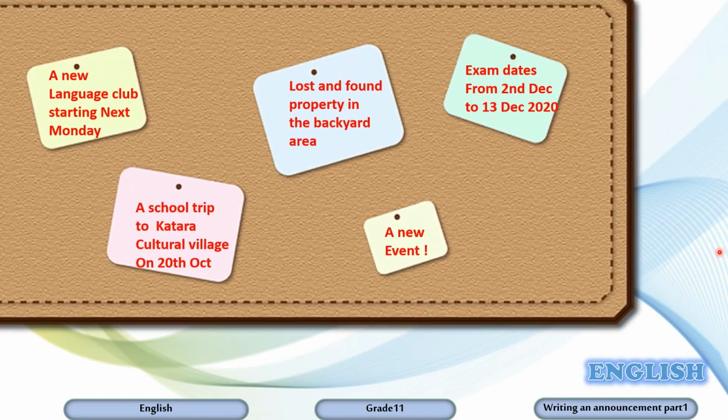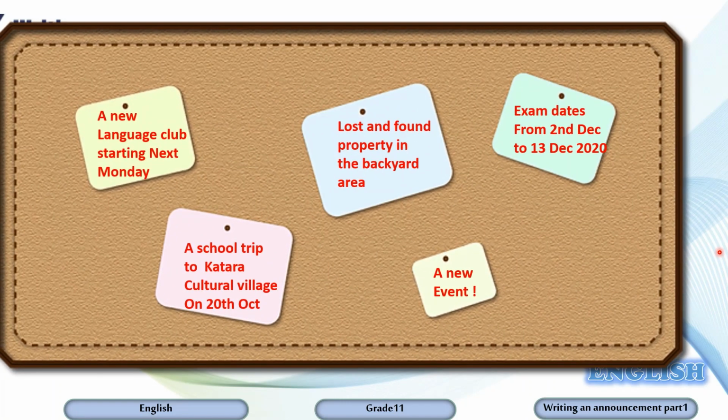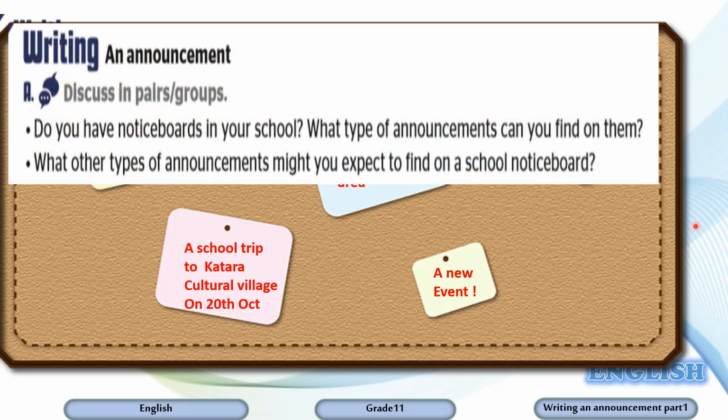Let's share an example. So yes, we can find a lot of notice boards and having announcements that include information about a new club, lost and found property, exam dates, a school trip, or a new event that is being organized.